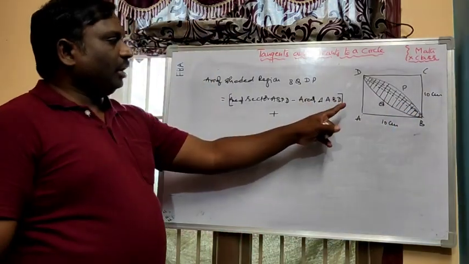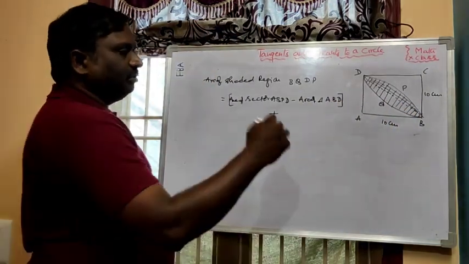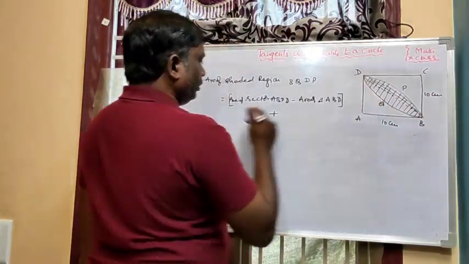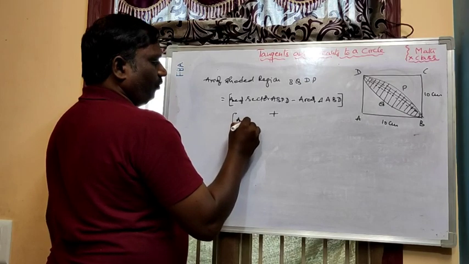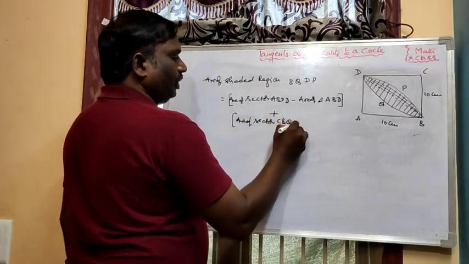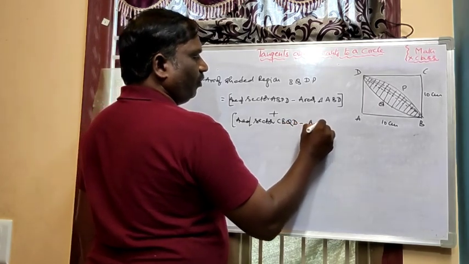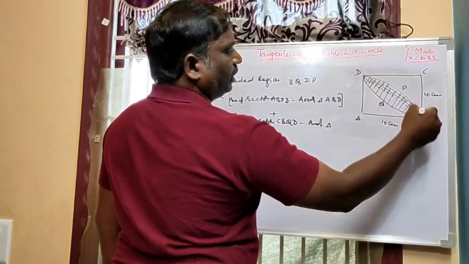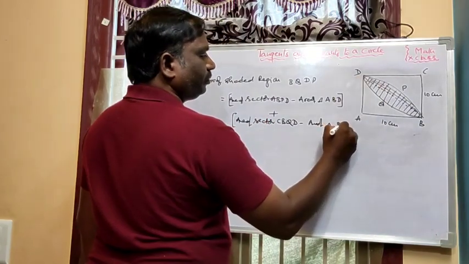So how to get the remaining half of the shaded region? Similarly, one more sector is here, CBQD: area of sector CBQD minus area of triangle BCD.